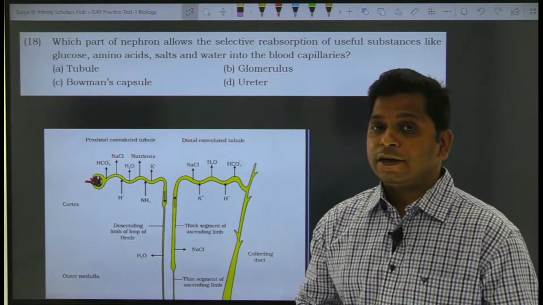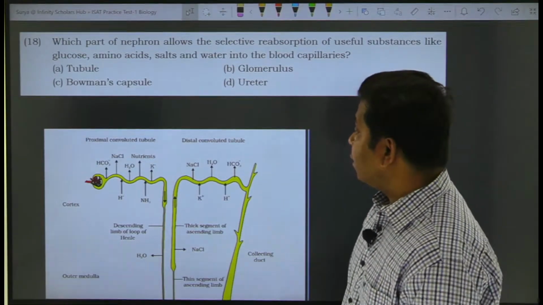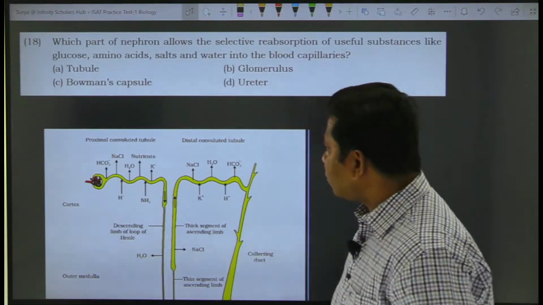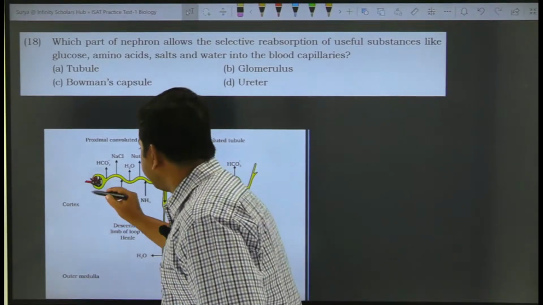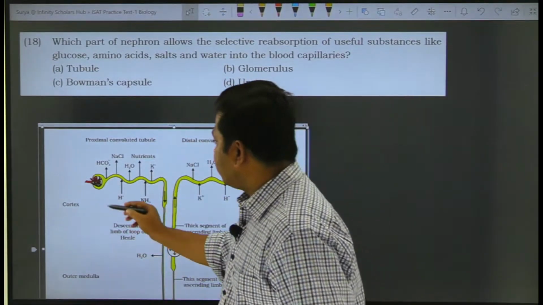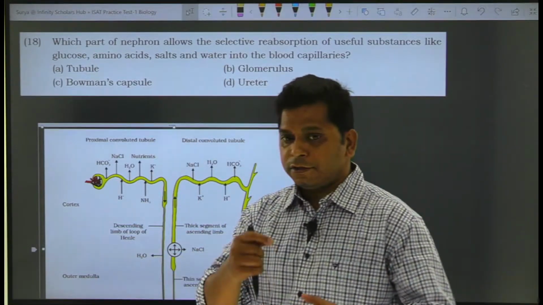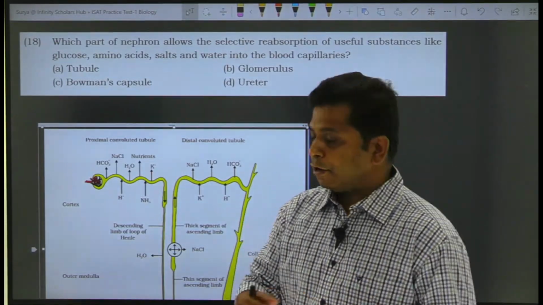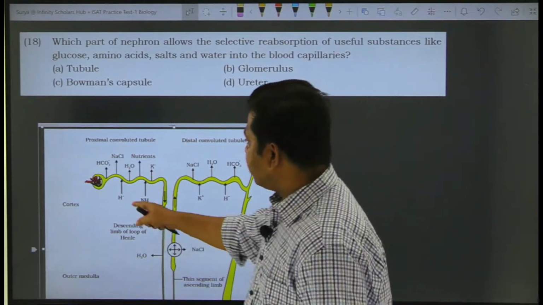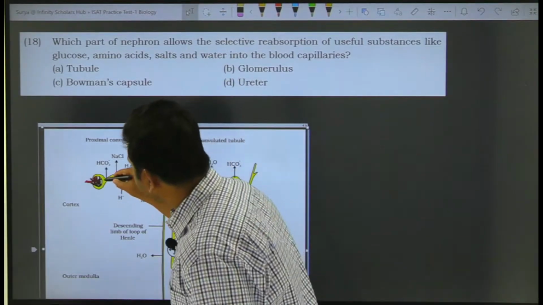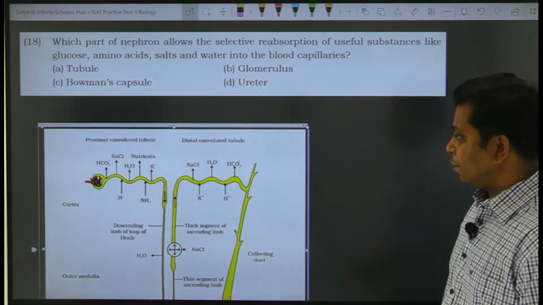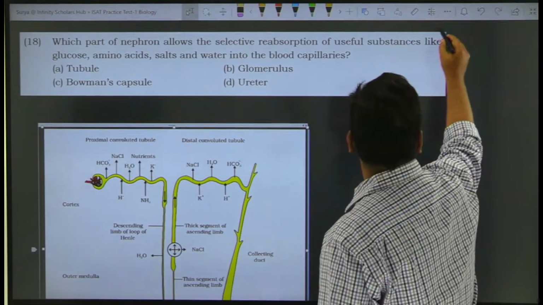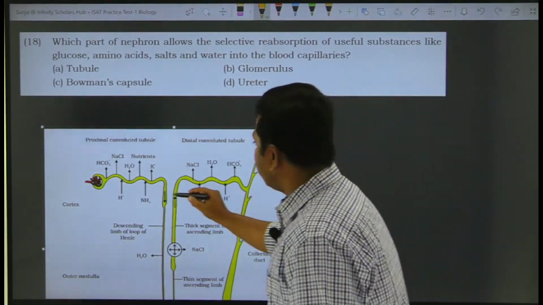They filter at a very high rate, and at a very high pressure also, because the blood carrying the excretory products comes to the glomerulus, which is kind of a tuft of blood capillaries. Here in the nephron we have the cup-shaped Bowman's capsule, and the blood will be filtered here, and then from the Bowman's capsule the filtrate will enter into the tubules.